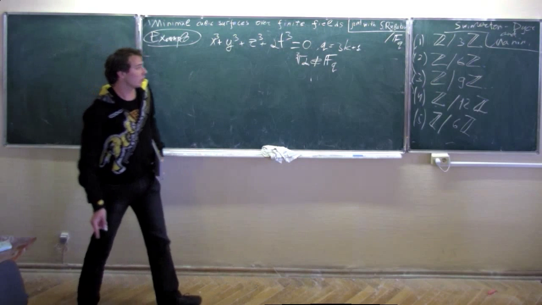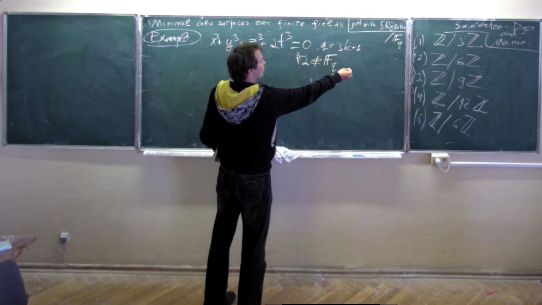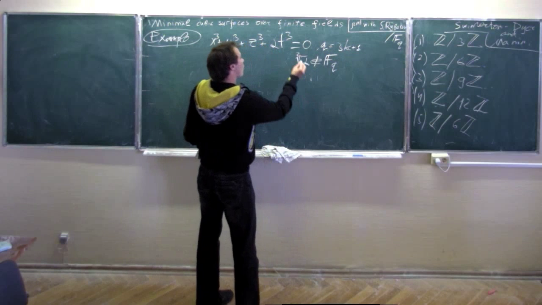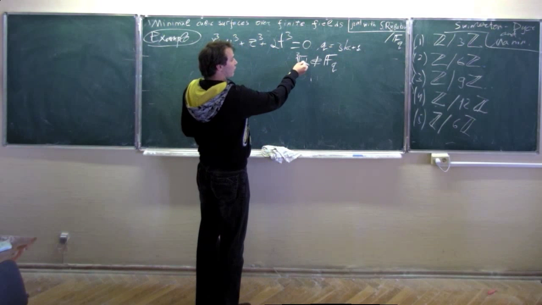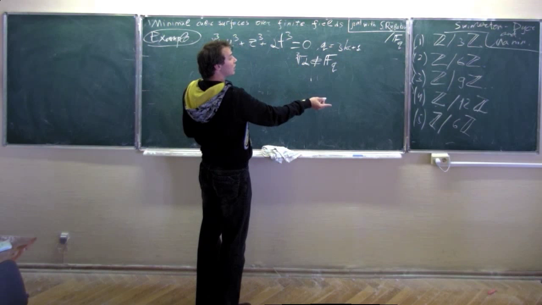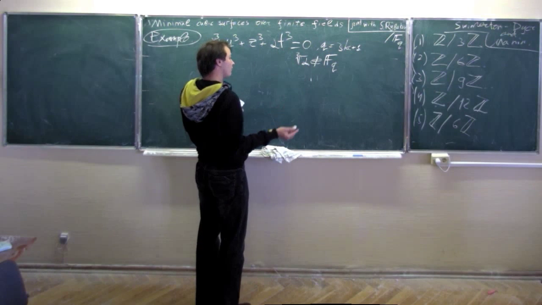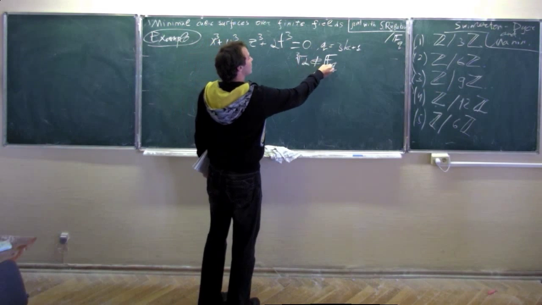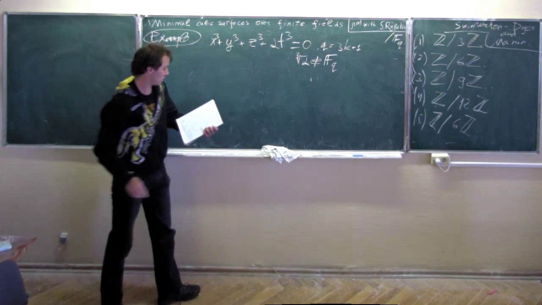If q is 3k plus 1, then either all cube roots of alpha lie in the field, or none of them lie in the field. We choose alpha such that none of them lie in this field.